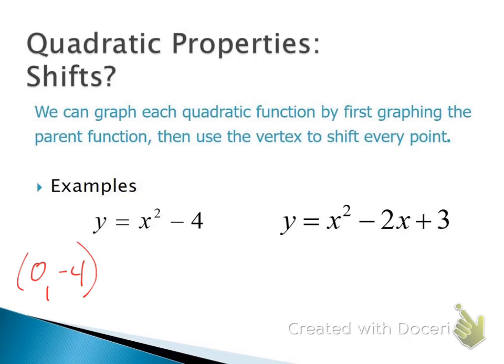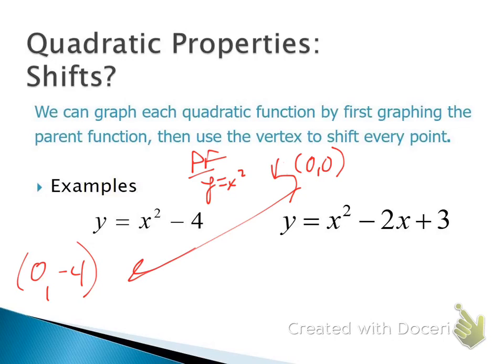And we'll talk about how to find that in a second. Remember that the parent function, which is y equals x squared, the vertex was at 0, 0. So since these are different, we are going to shift the parent function around. And how we do that is we use the values of the vertex coordinates to tell us.